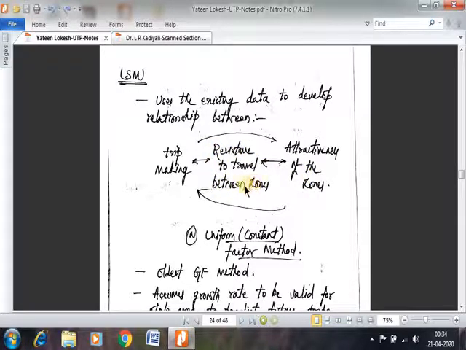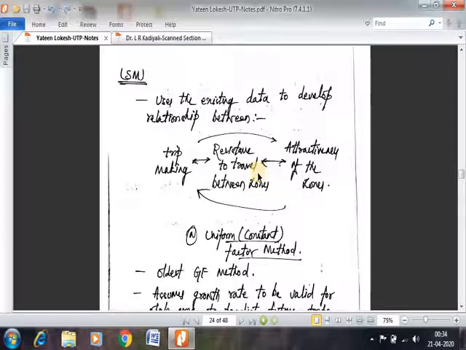What this means is, whenever there is trip making between the zones, there will be a certain number of attractions between the zones, and it might not happen to the extent you expect, because of various resistances between the zones. So the resistance to travel between the zones also will be analyzed in the synthetic method of trip distribution. We shall be discussing the synthetic methods in the later part.